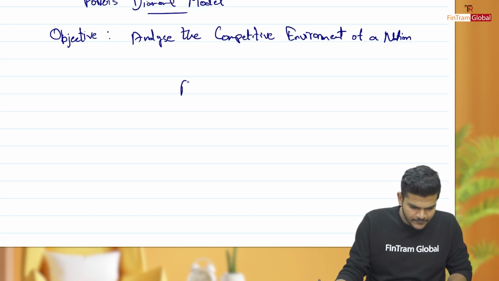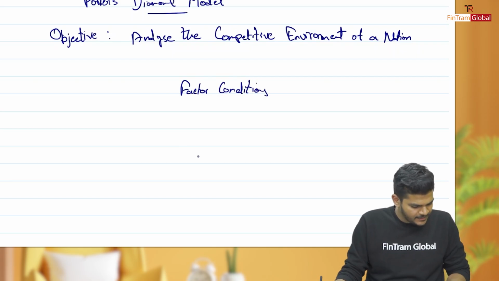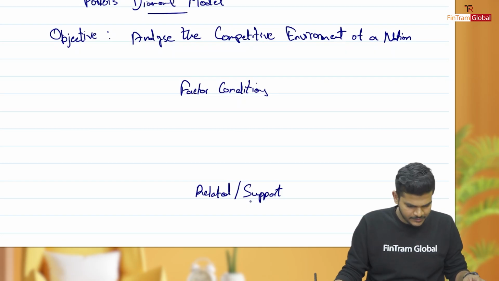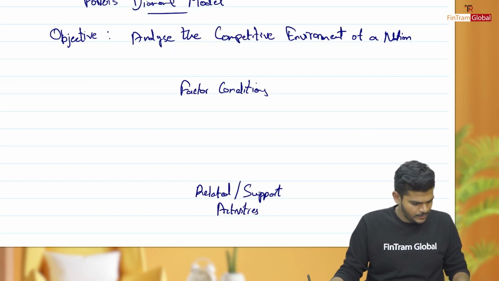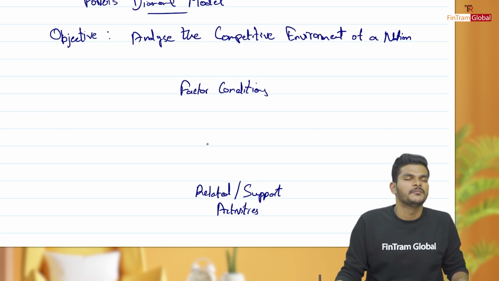First of all, there are factor conditions, right? And then there are related or support activities, and then there is firm strategy, right?